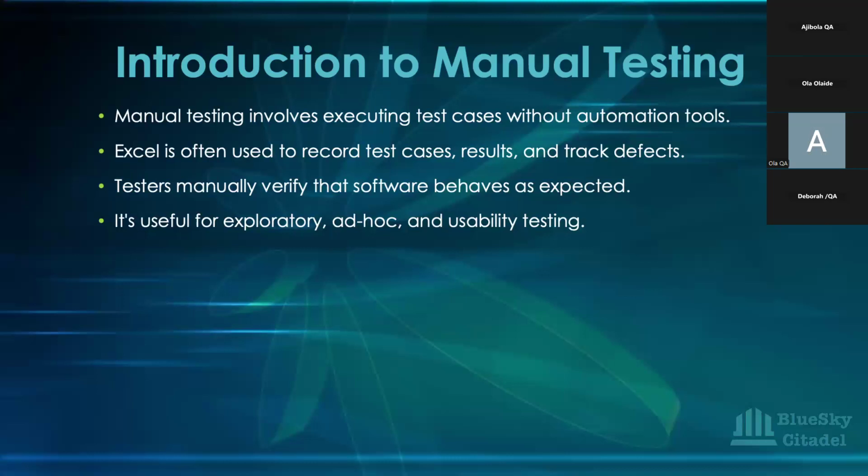And manual testing is a very, very important technique when you want to do exploratory testing, ad hoc testing, and usability testing. So exploratory testing is just going to a website and checking. It's mainly focused on experience-based testing, like, okay, this is a login page. I know how a login page should work. I should not be able to enter a wrong email address. Okay, I'm going to try to put in a wrong email address.